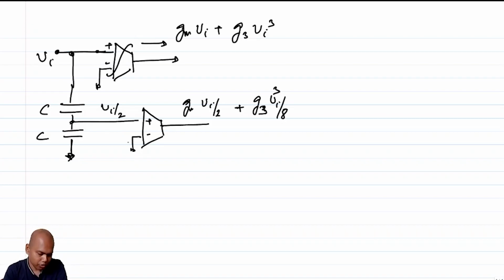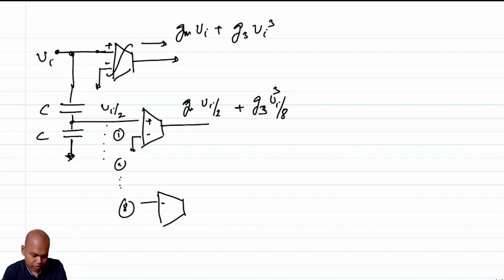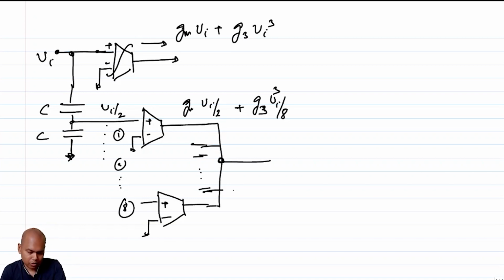You copy this thing 8 times, so this is 1, this is 2, up to 8. You have 8 copies of this, and join all of them together. What will be the output? The output will be 4 GM Vi plus G3 Vi cube, right?